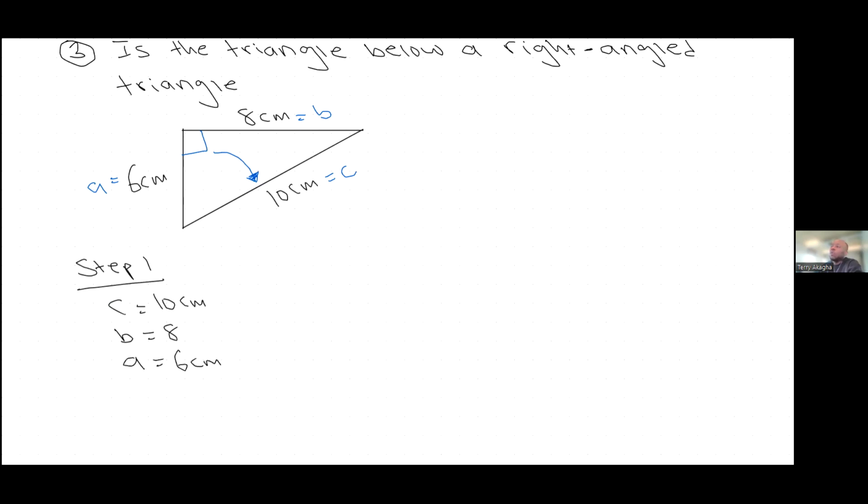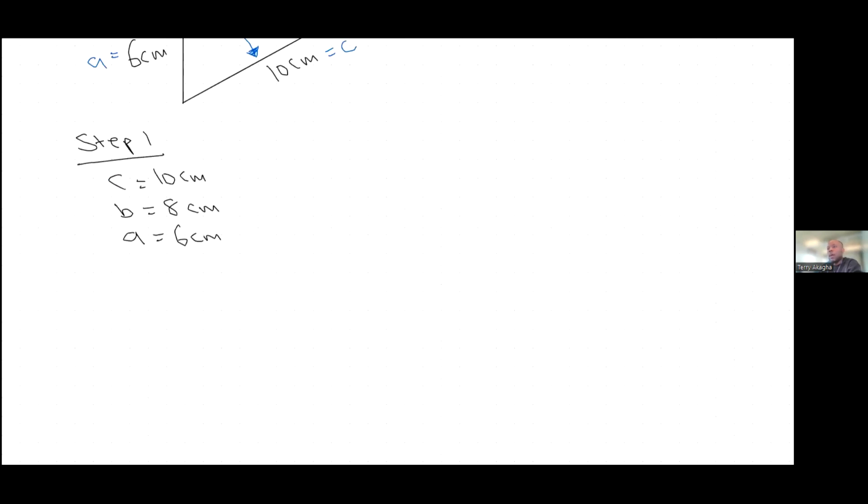Because it's a right angle triangle, we can apply Pythagoras theorem here. If it's a right angle triangle, if I square the C, it's going to give me the same thing as A squared plus B squared. Because in a right angle triangle, when I square the longest side, it's going to be equal to the sum of the squares of the other sides.